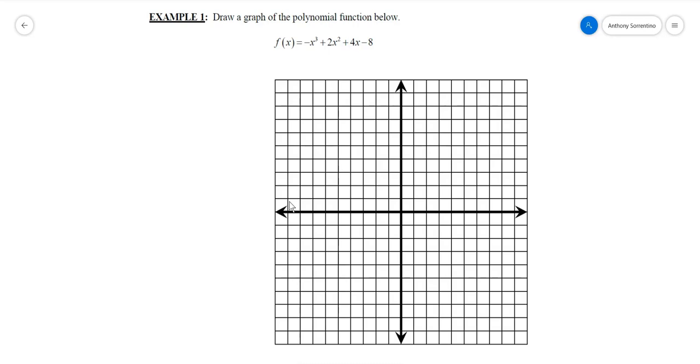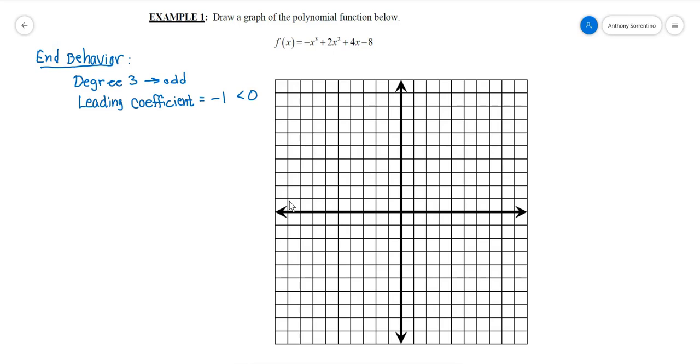So first of all, I want to talk about the end behavior. The end behavior comes from me knowing the degree of the polynomial and the leading coefficient. So I know it's a degree n, or degree 3, which is odd. And I know that the leading coefficient is -1, and that's less than 0.